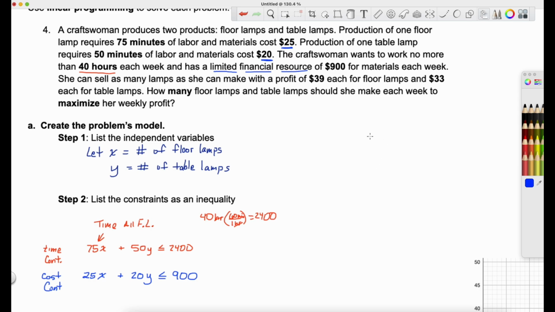Now, we also know that she's going to produce more than or equal to 0 floor lamps, and same with table lamps. I mean, she's not going to produce a negative number. So this puts us in quadrant 1 here again. So we're in Q1 for this.